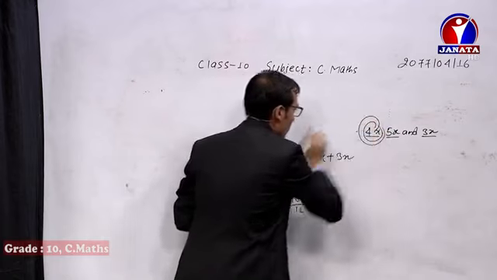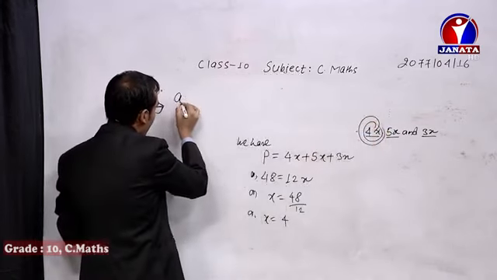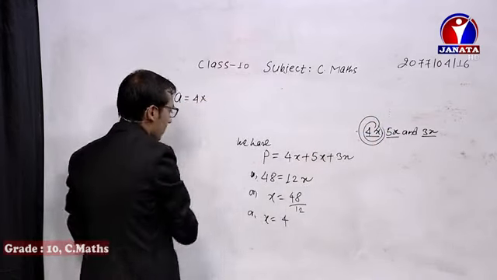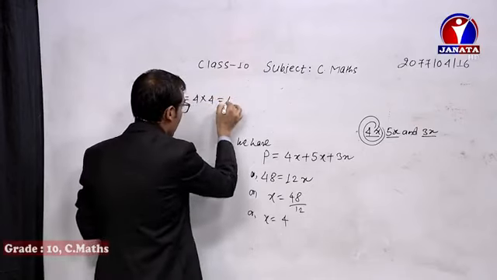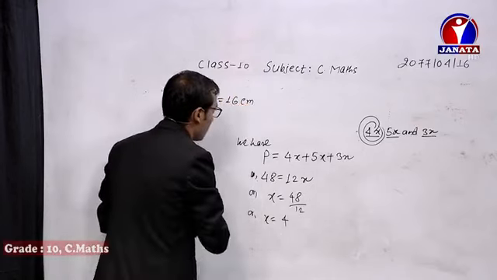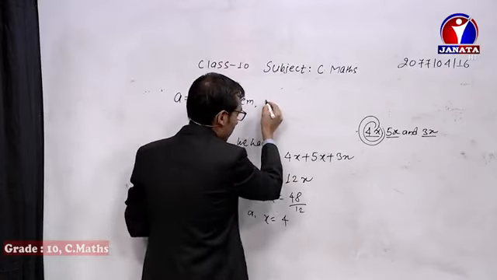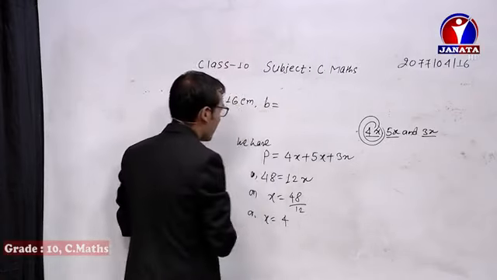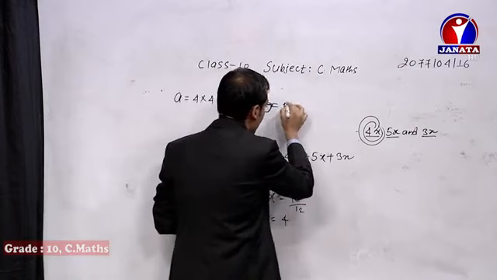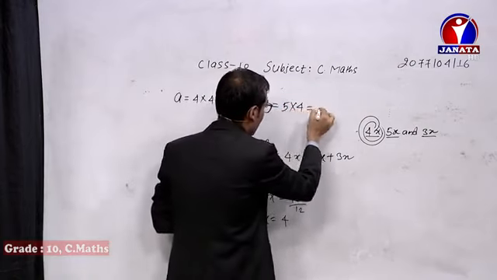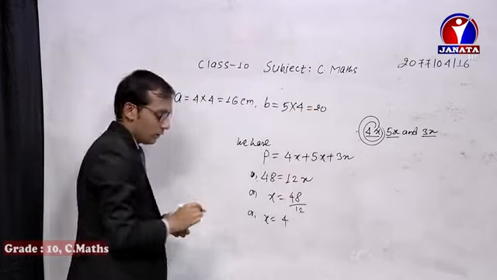First is 4 times x. So I can write this. A is 4 times, what is x? 4. It's 16 centimeter. What is the second side? Let me suppose this B. 5 times 4 is 20.